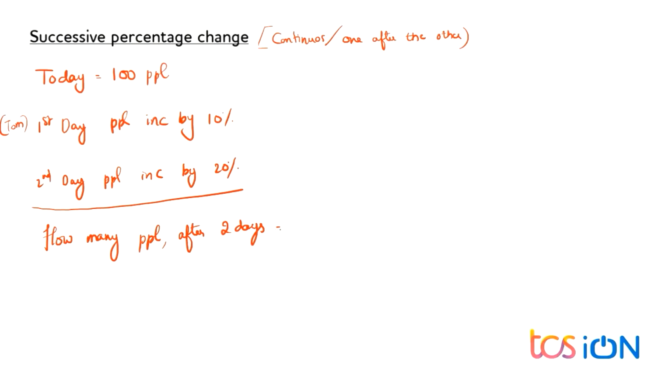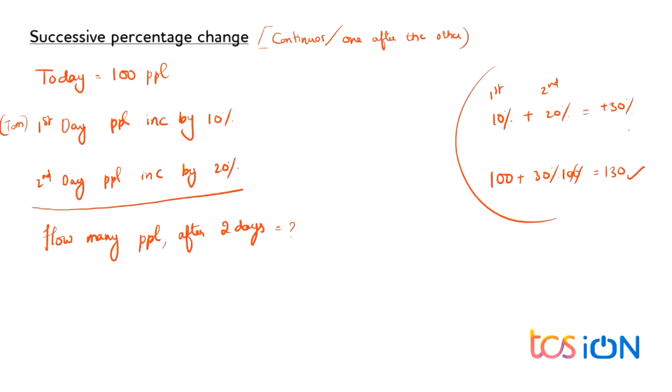If I ask you this question, immediately people will start thinking, okay, first day it is 10% plus second day it is 20%, so overall increment is 30%. That means 30% of 100 increase, so 130 people should be there after 2 days, if you say that, right?